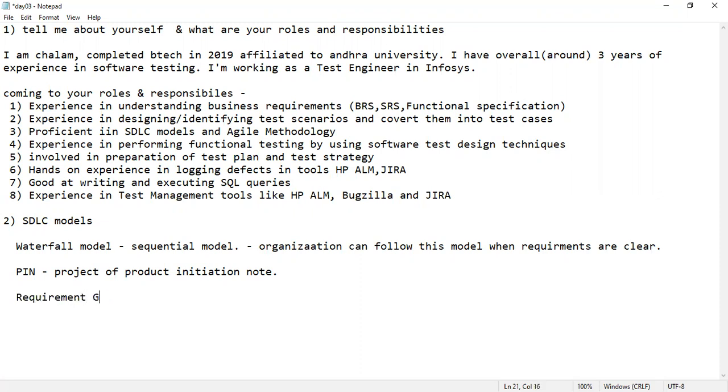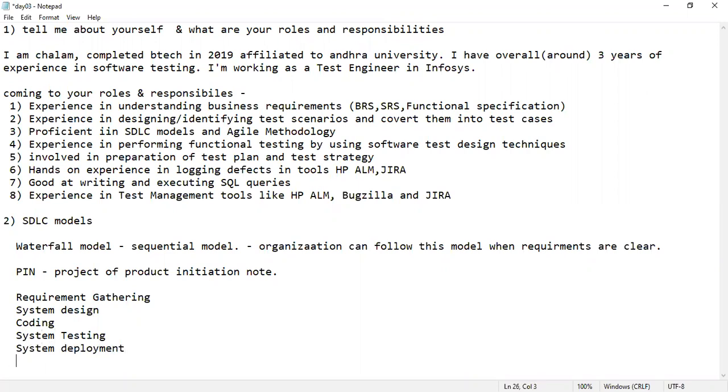Requirement gathering. Next one, system design. Next, coding. Next, system testing. Next, system deployment.